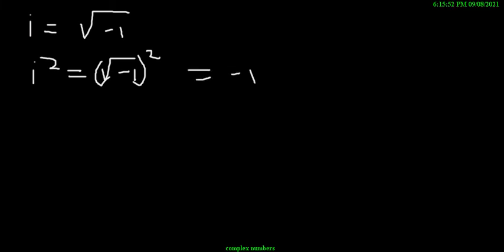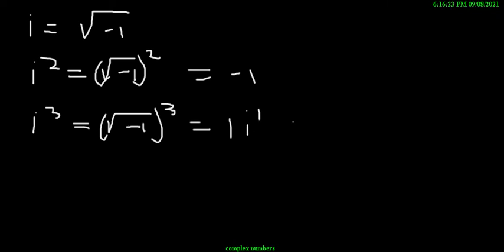So i squared is equal to negative 1. And if you had i cubed, this would be i squared times i, which is negative 1 times i, which is equal to negative i.